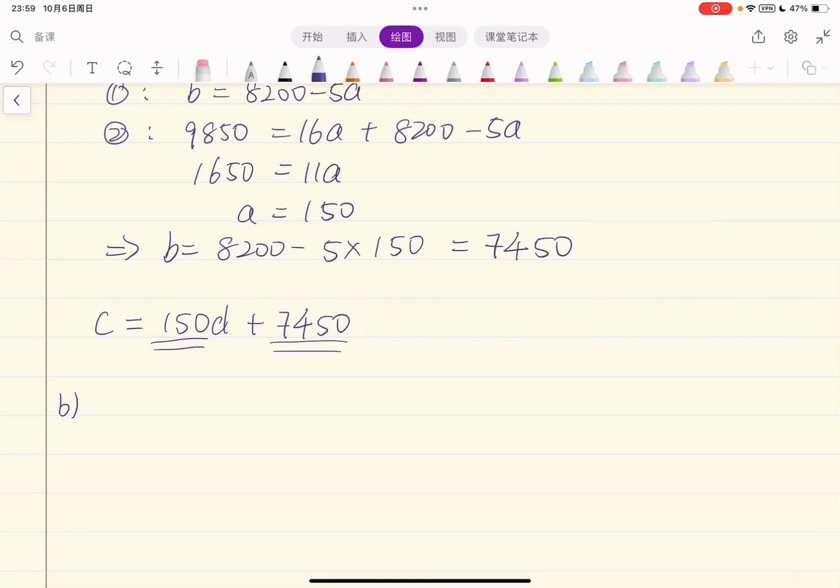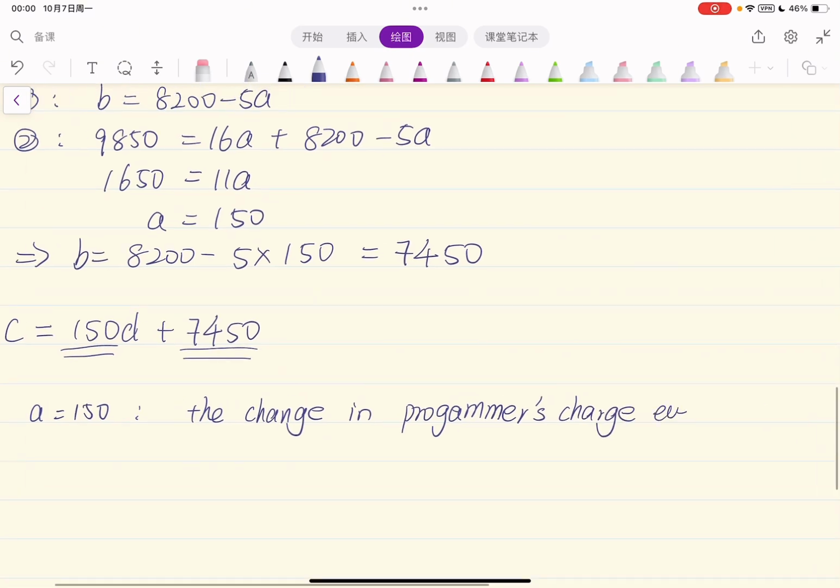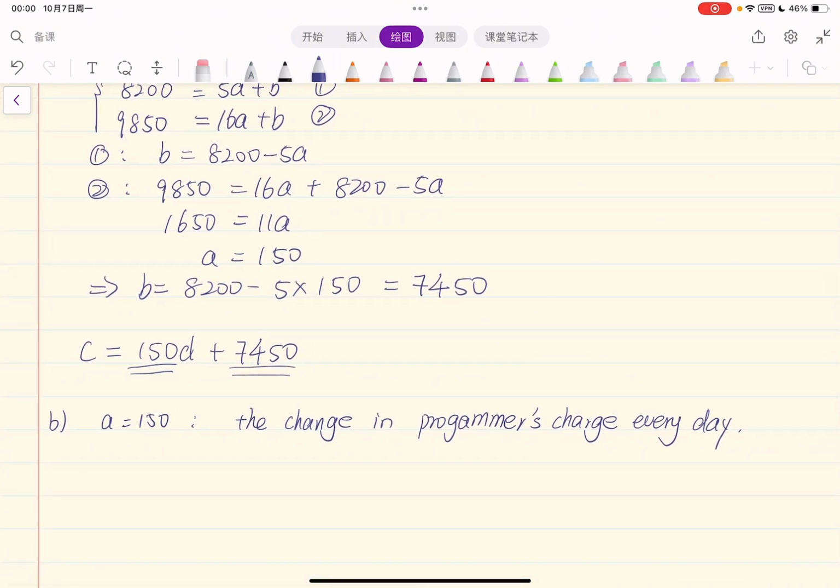In other words, it is a rate of change, which means it is the change in the programmer's charge every day. Remember that it's a gradient, which means the rate of change.